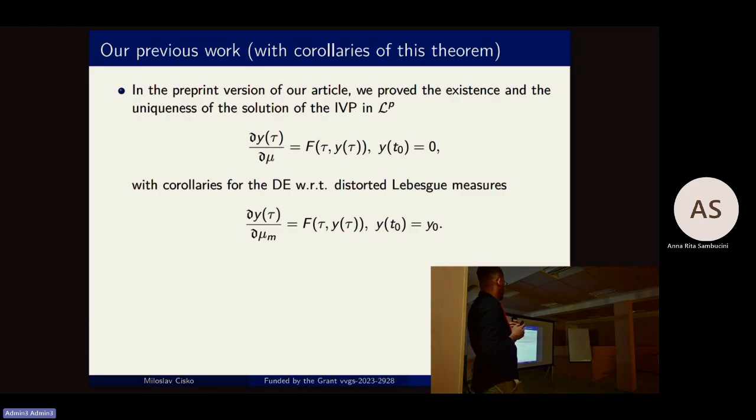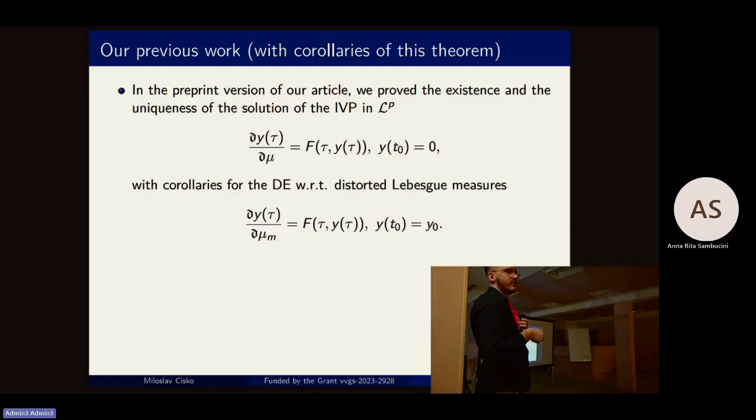Okay, what we did in my rigorous thesis was that we proved the existence and uniqueness of the solution, if we took the differential equation in the normal way with respect to general fuzzy measures.